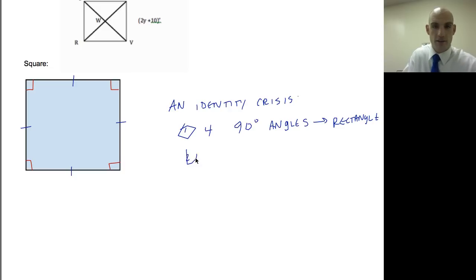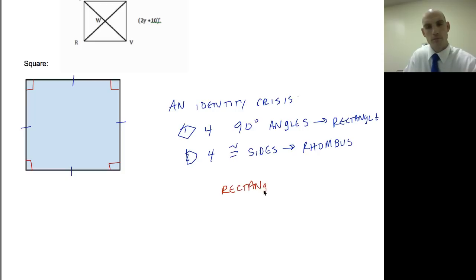On the other hand, the second part tells us that it has 4 congruent sides. So that leads us to believe that it should be a rhombus. And so what we have here is an identity crisis. Is it a rectangle or a rhombus?